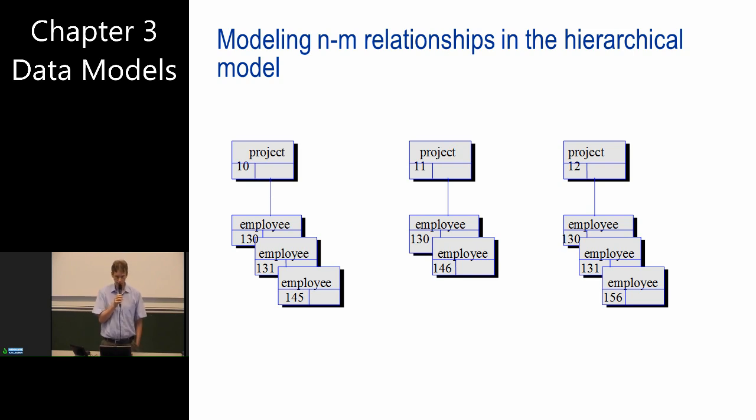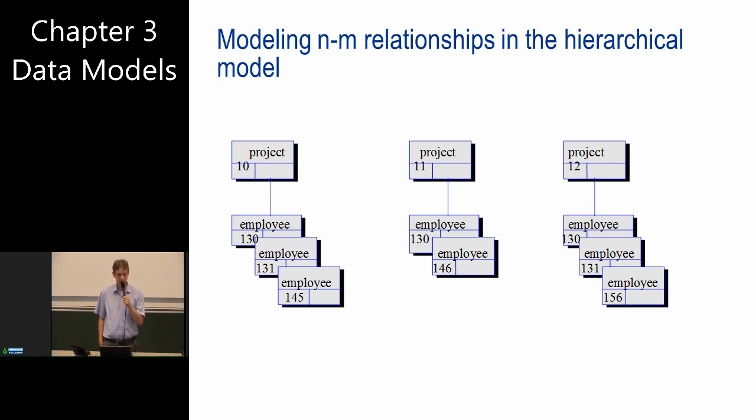If we work it out this way, you're going to see that this is not a very nice implementation because it creates redundancy. In this particular case, you see that employee 130 is going to work on projects 10, 11, and 12. So that means if we implement the many-to-many relationship type in the hierarchical model in this way, employee 130 is going to see its information being replicated.